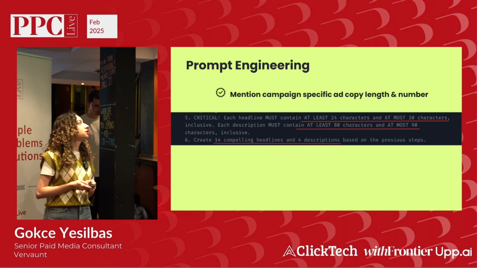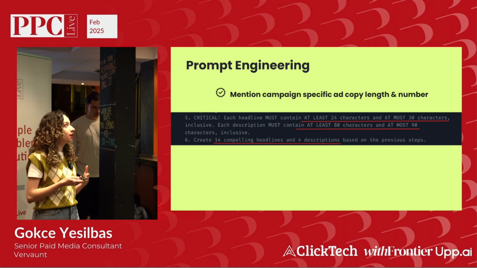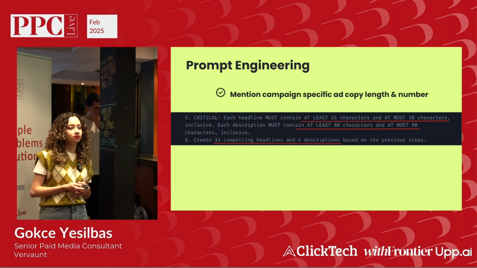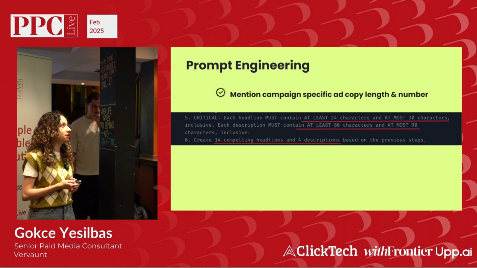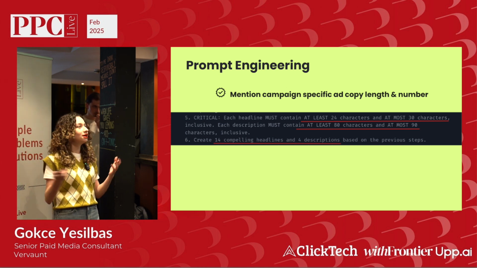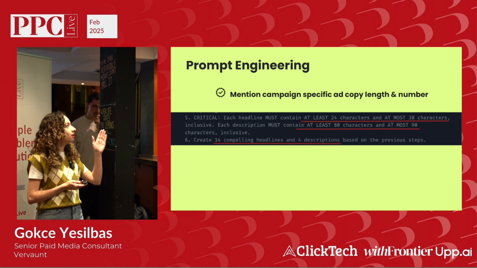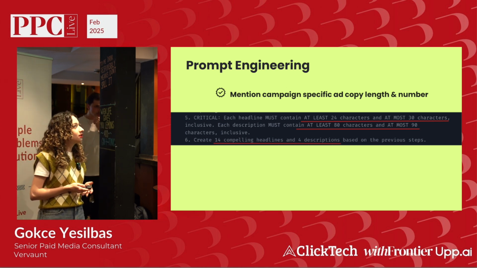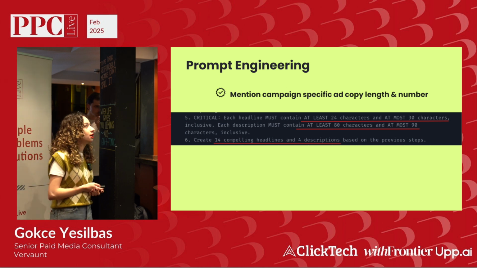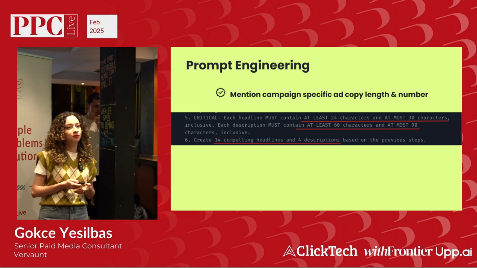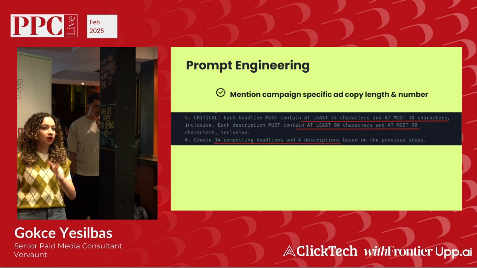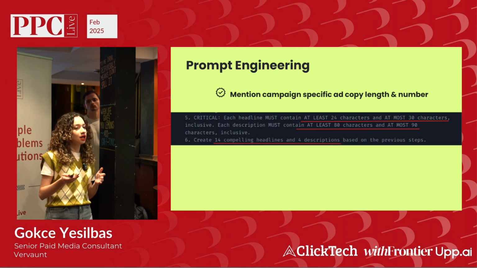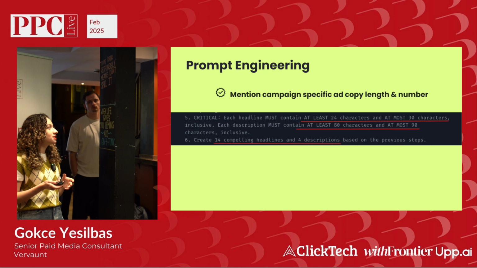You can mention campaign-specific ad copy length or numbers, because most AI models are not good at math. So I use this method: at least 24 characters and at most 30 characters. But be careful about your output, because sometimes AI models can make mistakes.